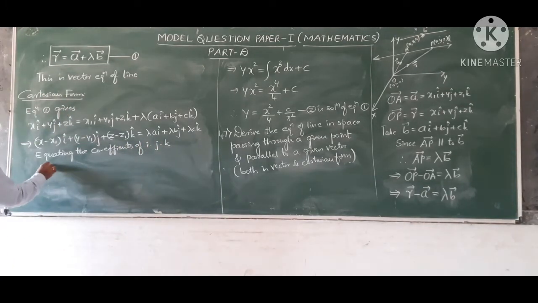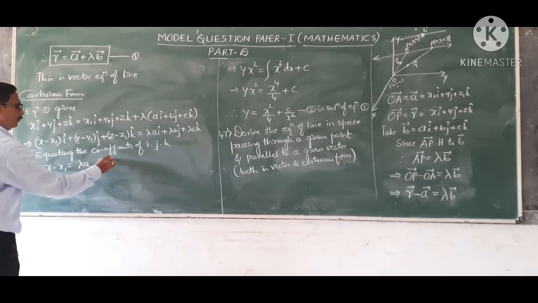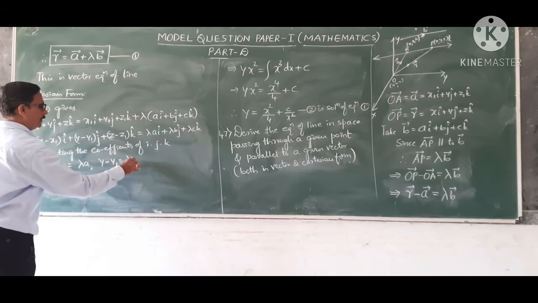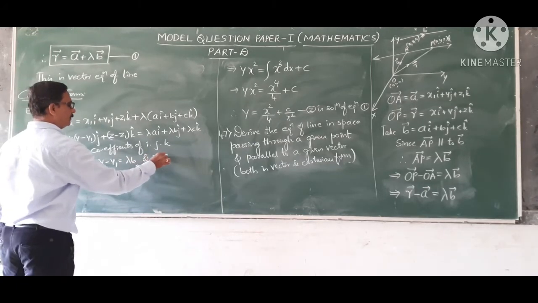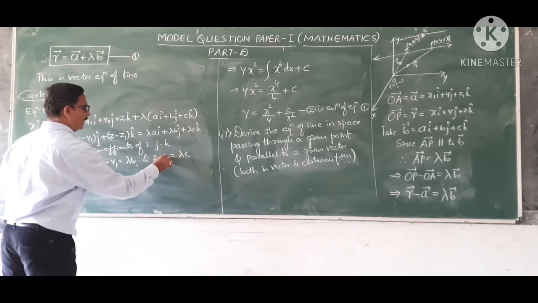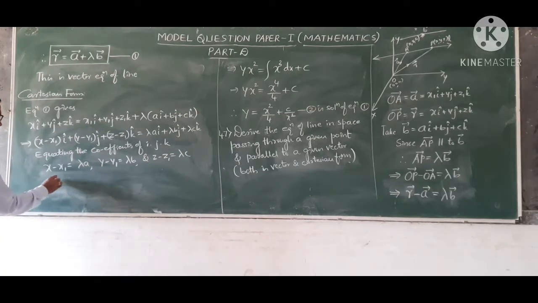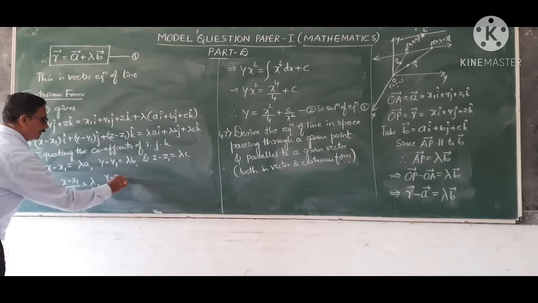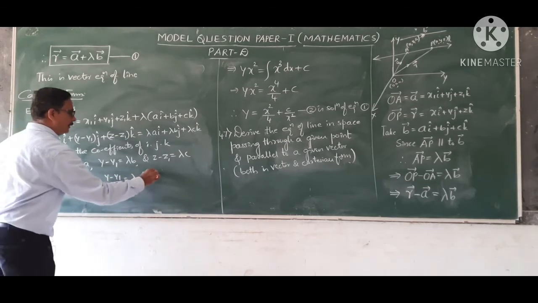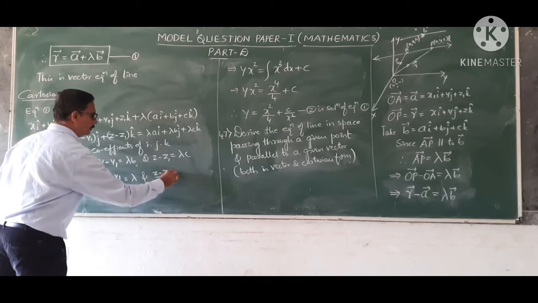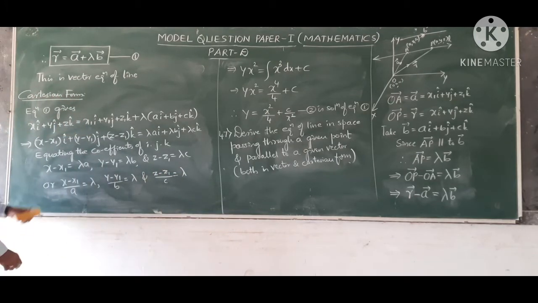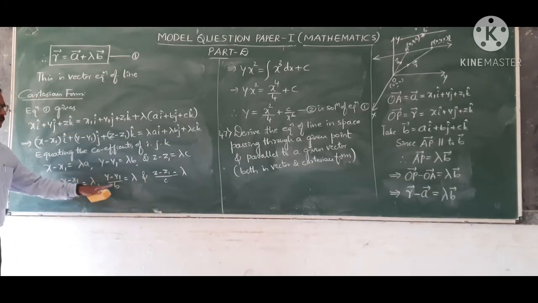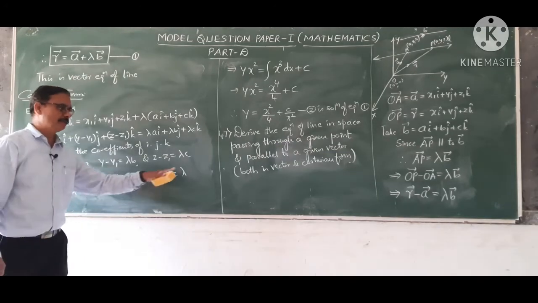See what happened: x minus x1 is equal to lambda a, y minus y1 is equal to lambda b, and z minus z1 is equal to lambda c. Or (x minus x1) by a is equal to lambda, (y minus y1) upon b is equal to lambda, and (z minus z1) by c is equal to lambda. Observe it, the first term is equal to lambda, the second term is also lambda, the third term is also lambda.